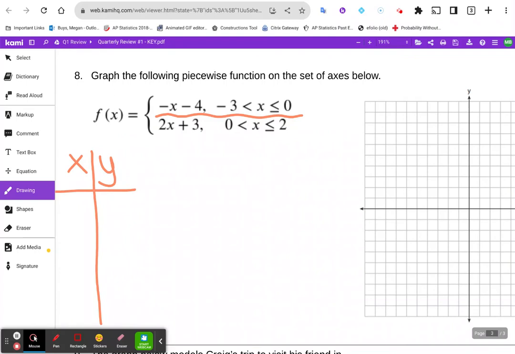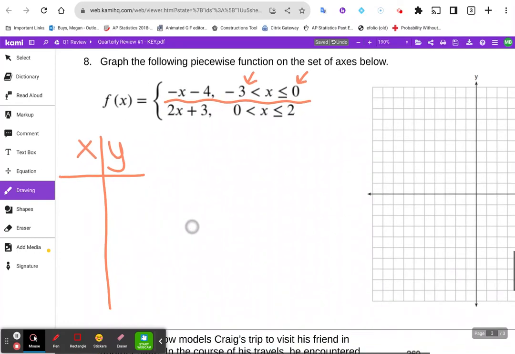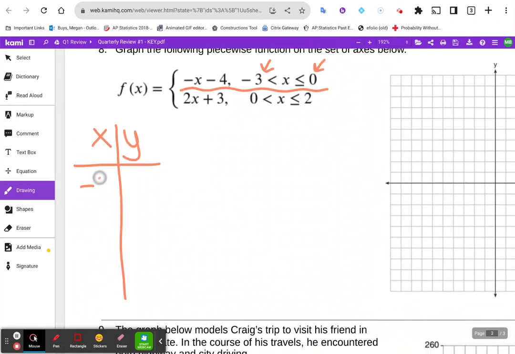The reason I do this is because I'm very specifically being told that I'm starting at negative 3 and ending at 0 for the x's. If negative 3 is less than x and is less than or equal to 0, that means x has to fall somewhere in between those number sets. So I'm going to write out negative 3, negative 2, negative 1, and 0.